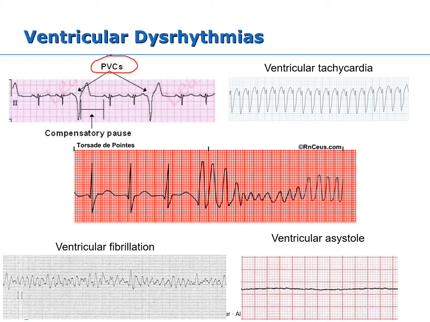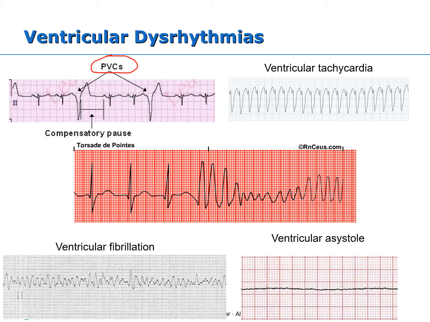You can also see PVCs if a patient experiences an MI, if there's increased workload on the heart, if they're on digoxin and they have digitalis toxicity, so they have too much digoxin in their blood, hypoxia, acidosis, or electrolyte imbalance like hypokalemia.